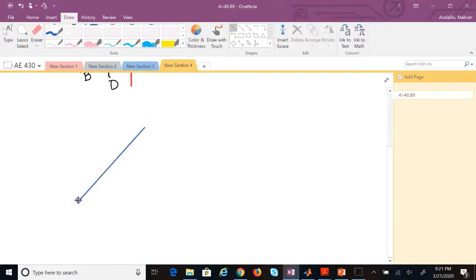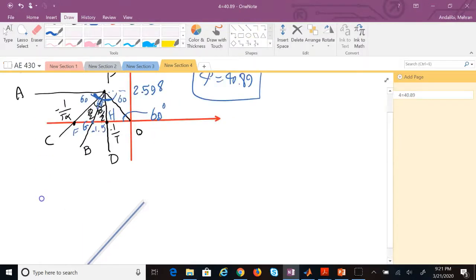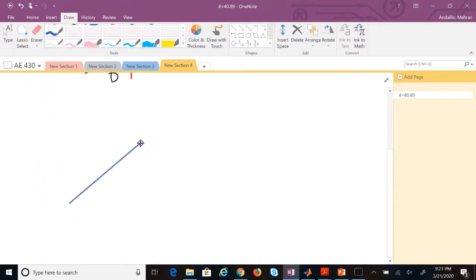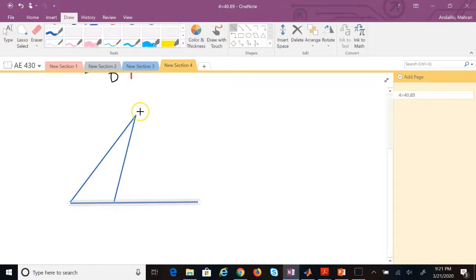So I have one line like that, then one line like this, then a line like that, then one like this, and one like that.